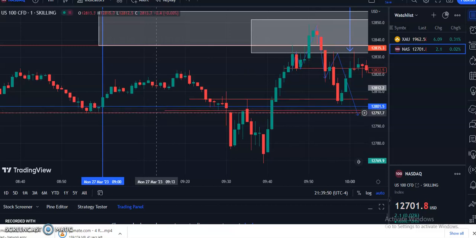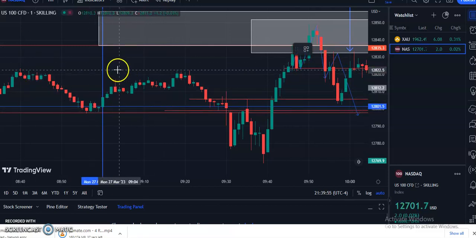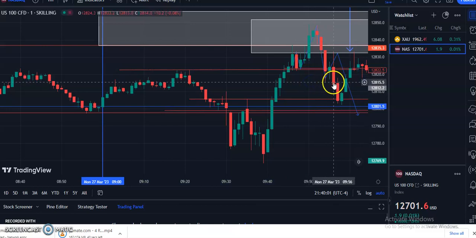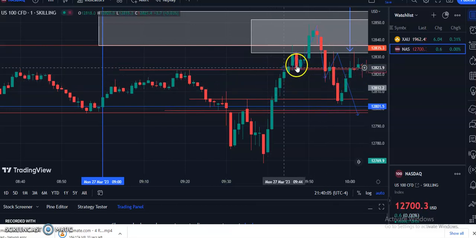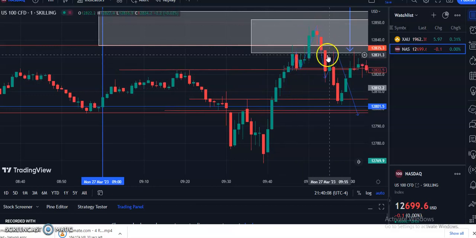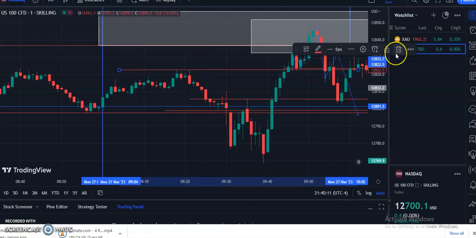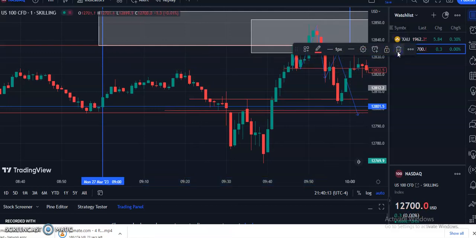So, say for example, this was our high. Then this setup would have been perfect because it formed above the high of the day. But that is not the case. We are still inside the high of the day. So, that is clue number one.